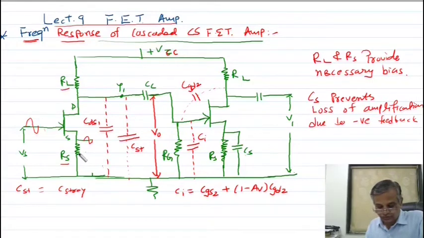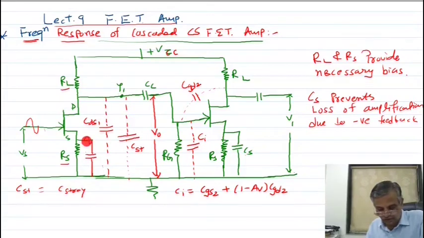We do not want to develop this signal. So there is only one way. If you connect the bypass capacitor here, this signal will not be developed across RS, it becomes bypassed. So this is called bypass capacitor.